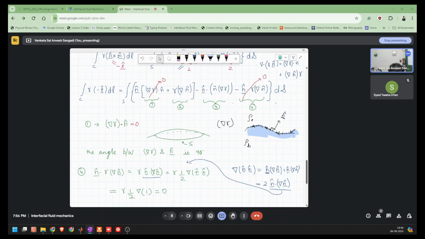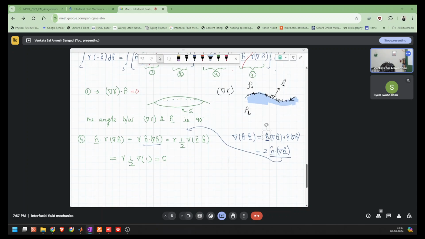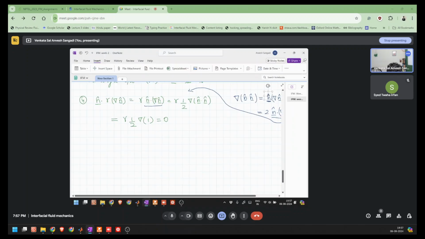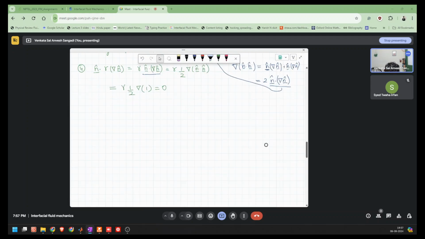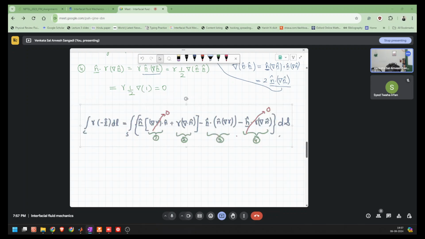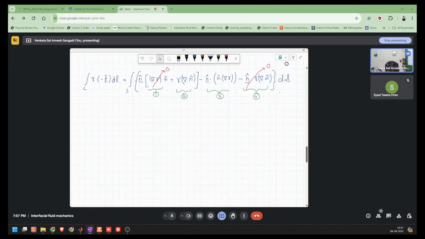So I'll just copy this. Now we have this equation.